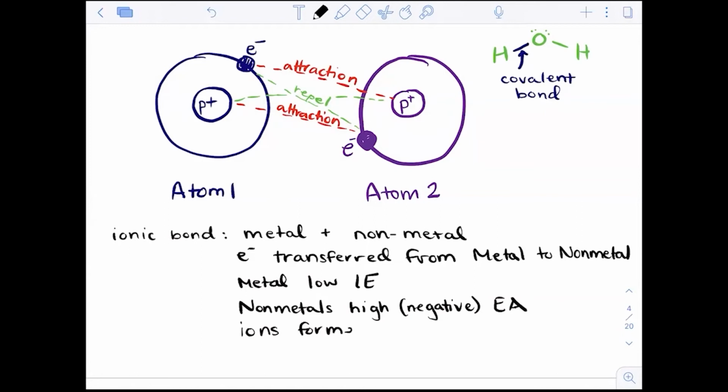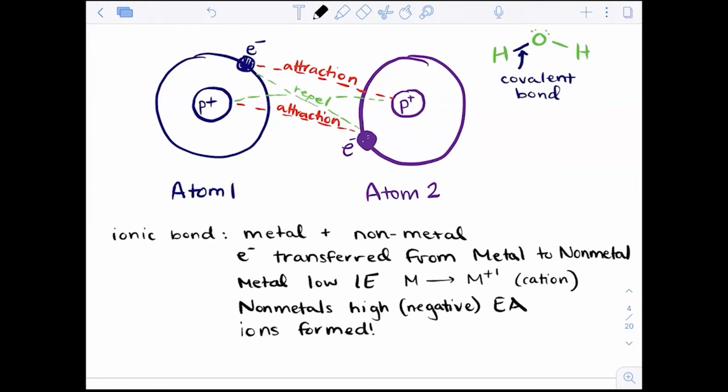Why ions are formed is because of this periodic trend. Metals have a very low Z effective, and so it's very easy to take a metal to a metal plus one cation. Nonmetals have a very high Z effective, so they want to gain more electrons.